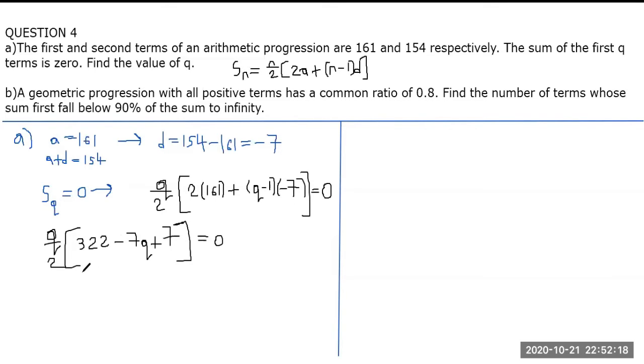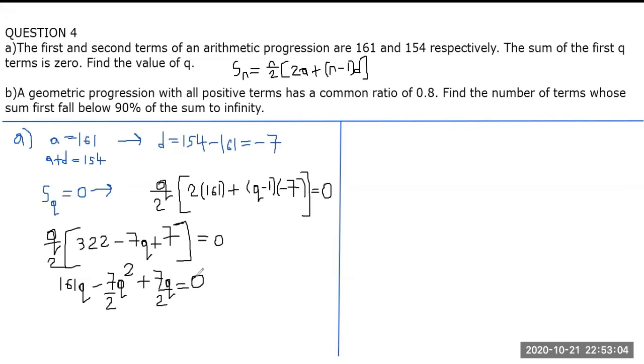So expanding the bracket now, q over 2 times 322 works out to be 161q. And then q over 2 times negative 7q works out to be negative 7 over 2 q squared, plus 7q over 2, and that's equal to 0.